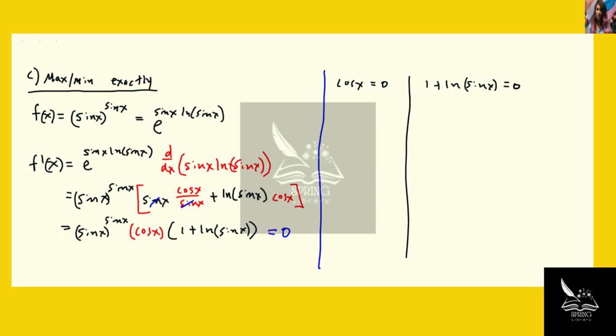So cosine of x is equal to 0 at pi half, 3 pi halves, and really anything pi half plus pi k. So let's go ahead and write that. So we know x is equal to pi half plus pi k.